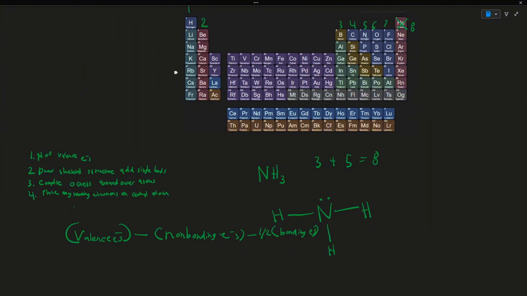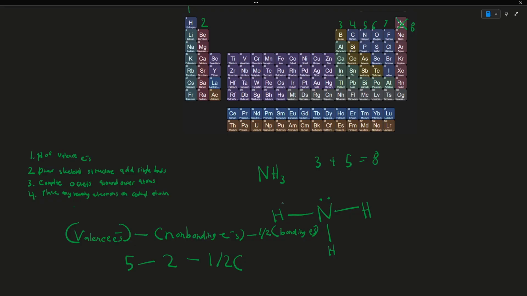So in this formula, the valence electrons corresponds to the number of valence electrons that the atom you're trying to calculate has. In this case, nitrogen has 5. The non-bonding electrons are electrons that are on that atom and only belong to that atom. So in this case, nitrogen has 2. And then the bonding electrons are the amount of electrons that are used in the bonding between the atoms.